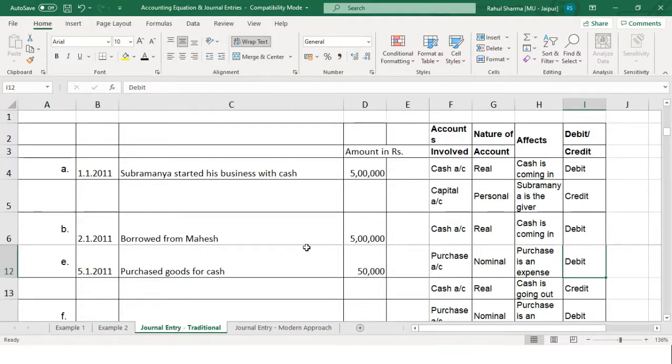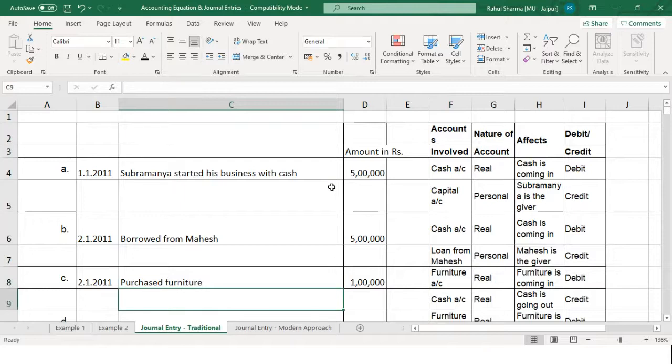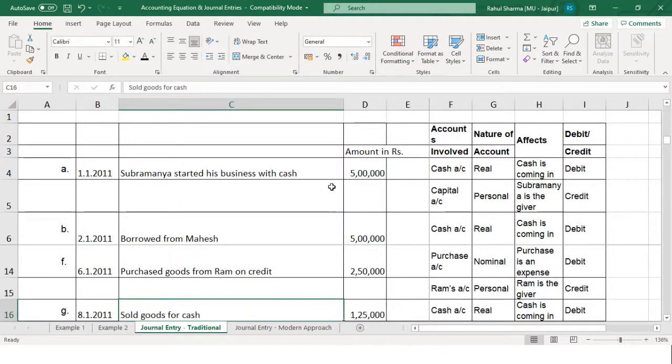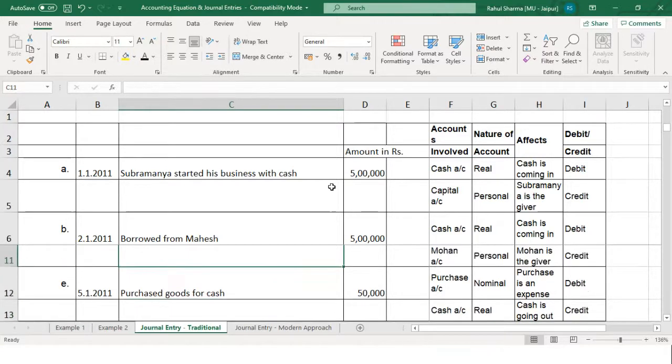I again remind you, I've taken this example from your book only. There are 26 transactions, and I have taken a few for your understanding. I can go through all of them, not a problem, but I would like you to go through the rest of the transactions.